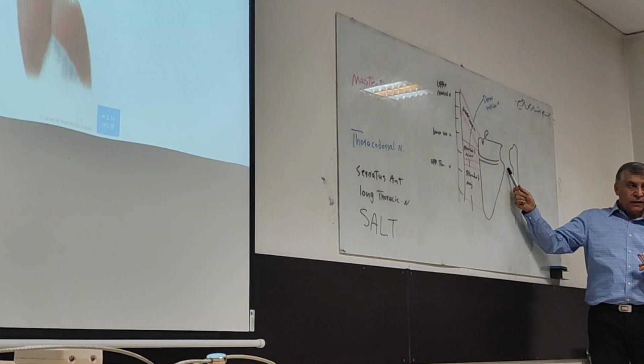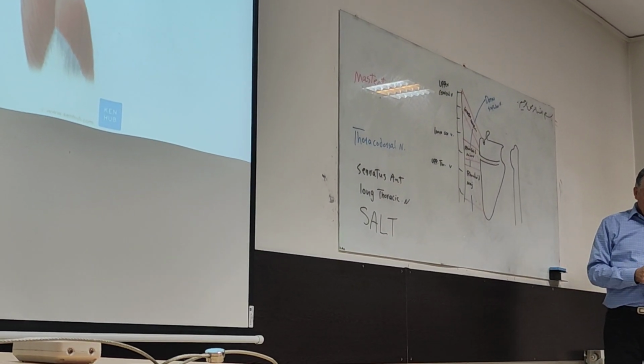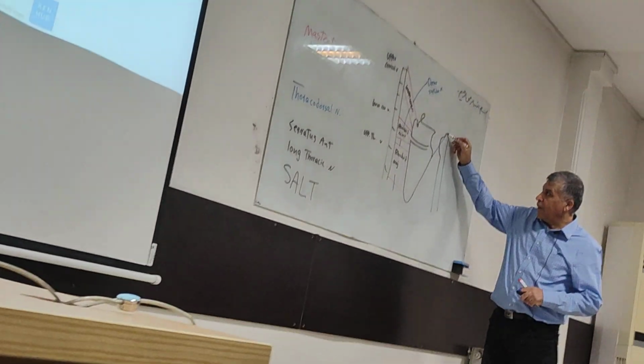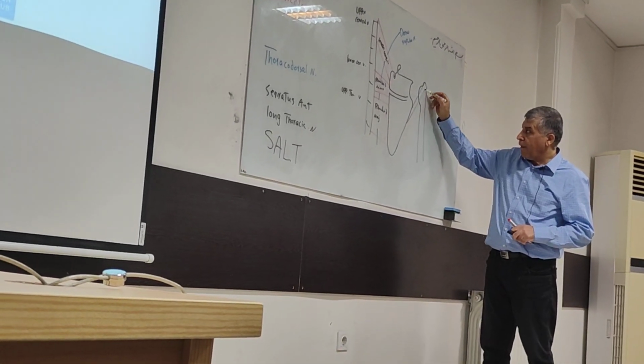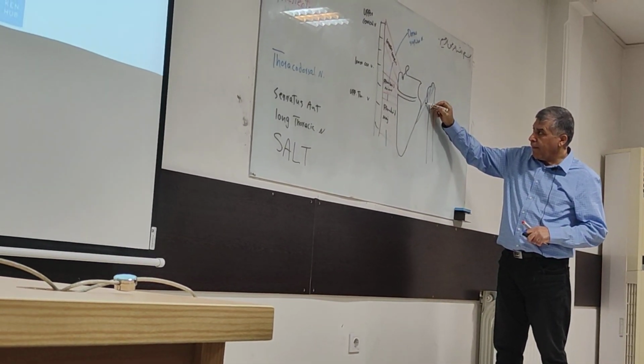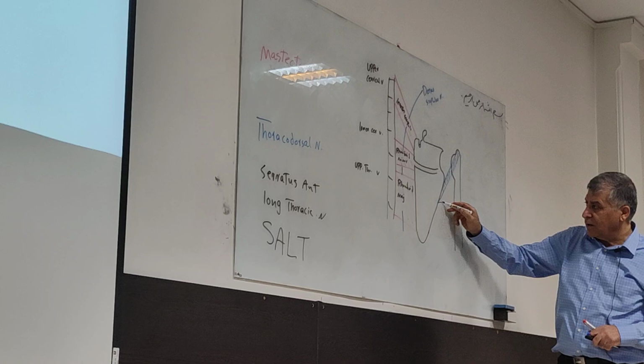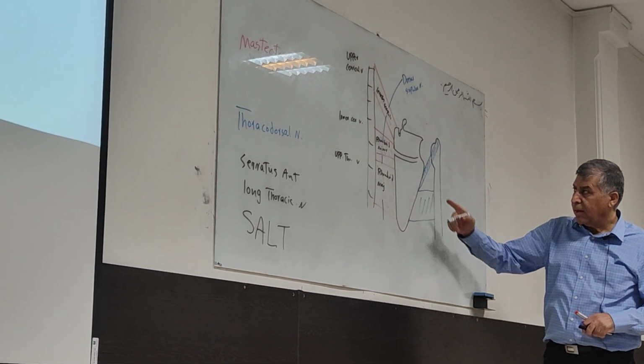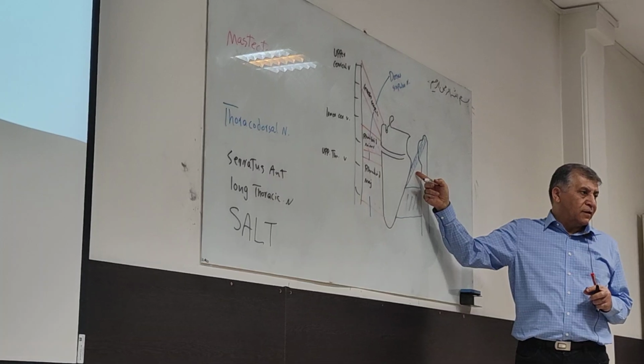Lateral border of the scapula has two muscles, this one and this one. This one is teres minor.